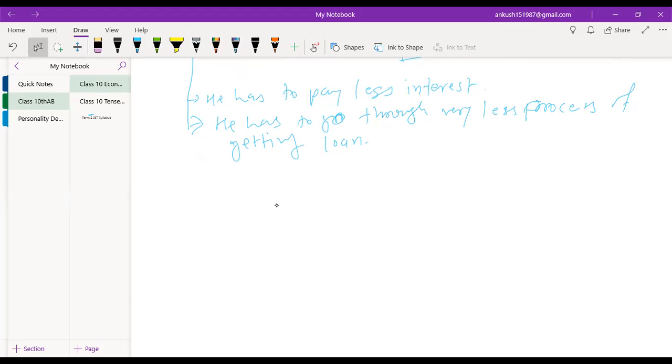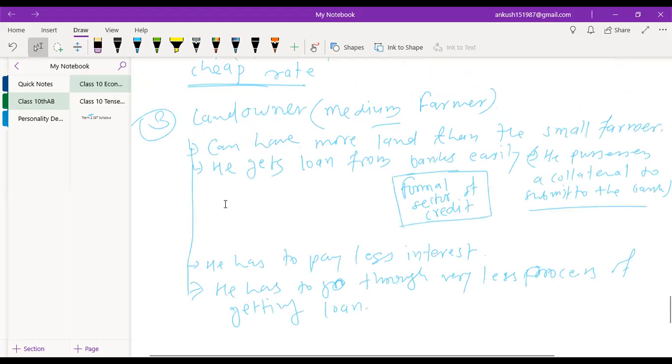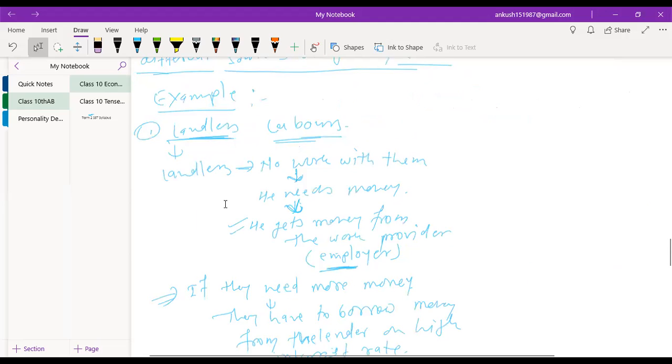Now, these are some credit agreements, from where we have learned how the small farmer, the landless person, can get the loan or credit. He also gets the loan or credit, but there are many conditions that he has to fulfill.